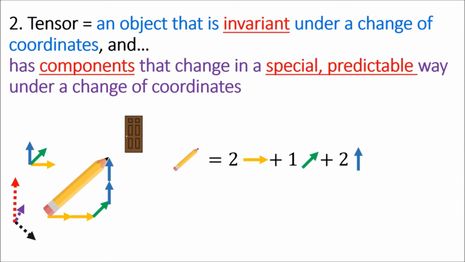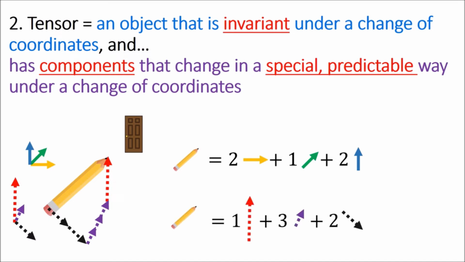And so with this second coordinate system, I can sort of do the same thing. I can measure the pencil along each coordinate vector, and I can see that this pencil is made up of 2 black vectors, 3 purple vectors, and then 1 red vector. And again, I can write the pencil as a linear combination of these vectors, and I get the components 1, 3, 2.